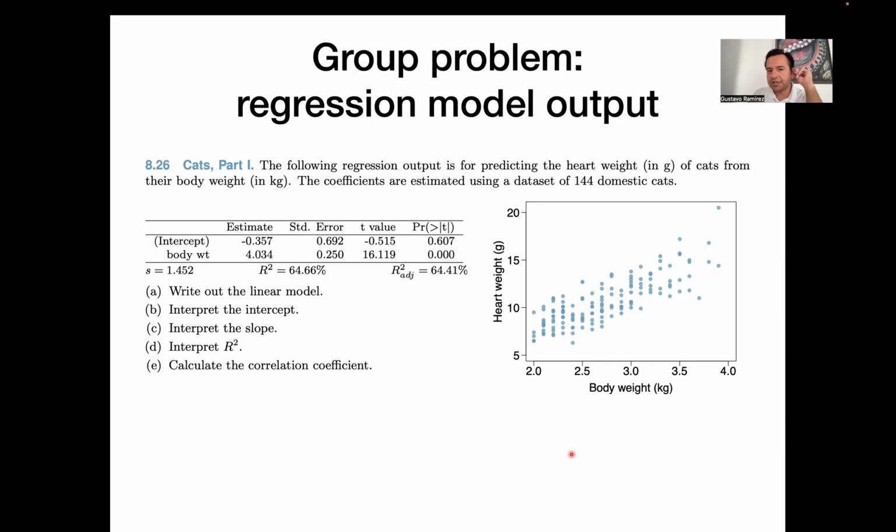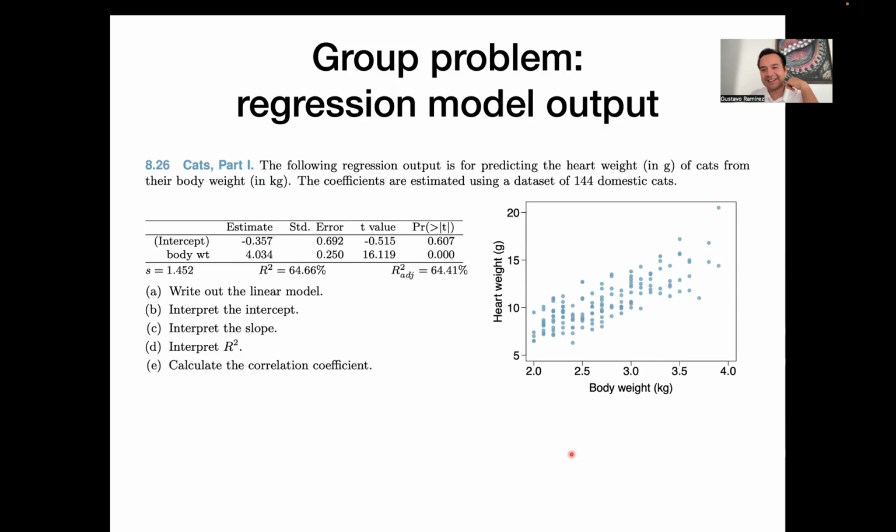The following regression output is for predicting the heart weight in grams of cats from their body weight in kilograms. Wow, it's another interesting setup. The coefficients are estimated using a data set of 144 domestic cats. Obviously, if they had their hearts weighed, these are domestic cat carcasses.